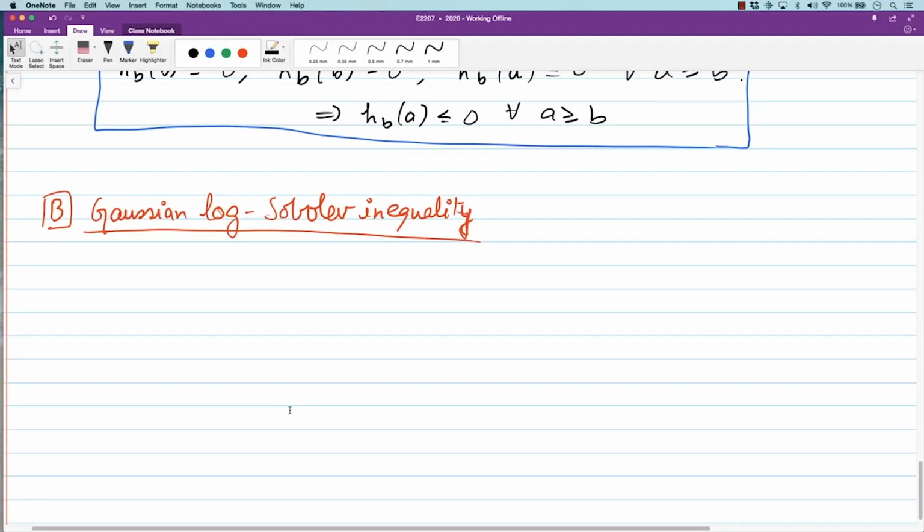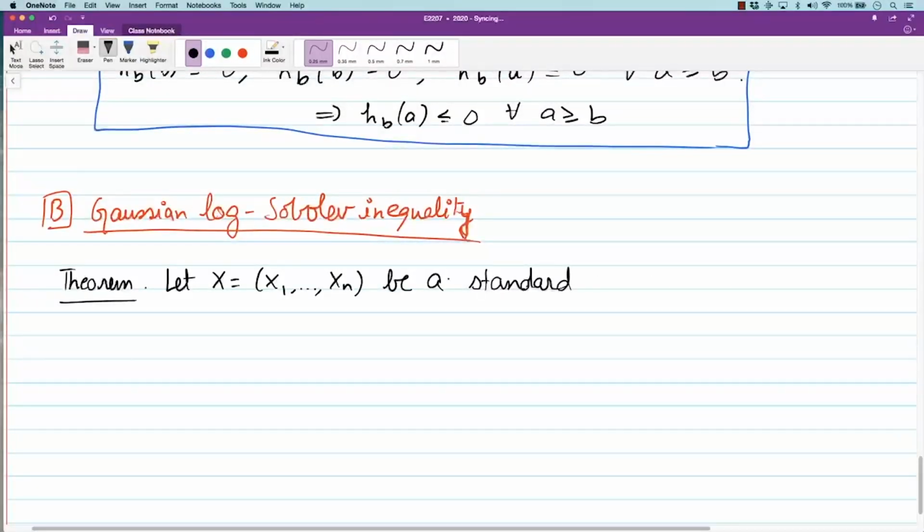The Gaussian log-Sobolev inequality says that, this is the theorem: let X be a standard normal random variable, that is N(0, I_n), independent components, all with unit variance.